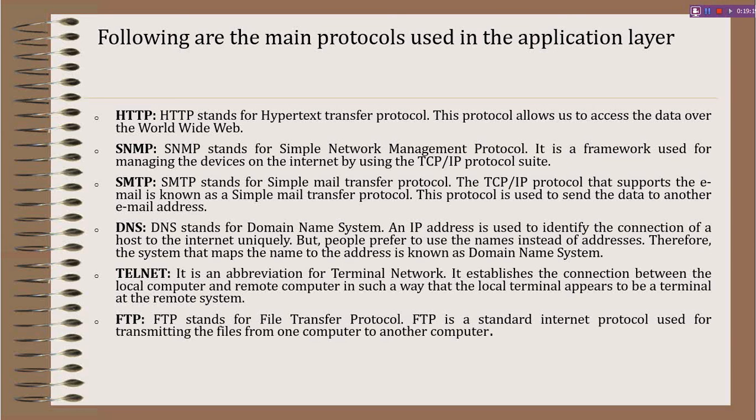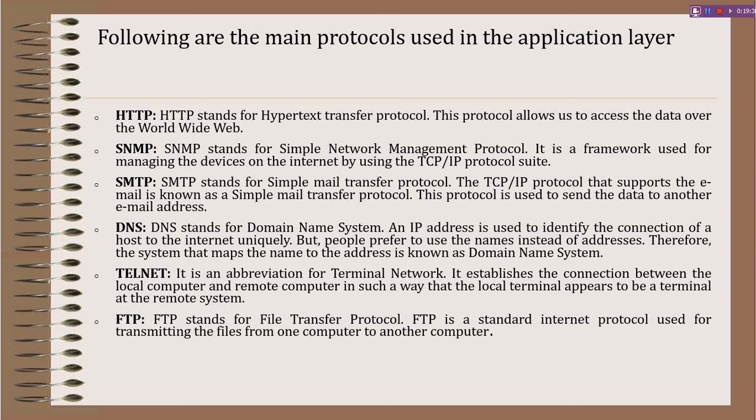Then SMTP stands for Simple Mail Transfer Protocol. The TCP/IP protocol that supports email is known as Simple Mail Transfer Protocol. This protocol is used to send data to another email address.